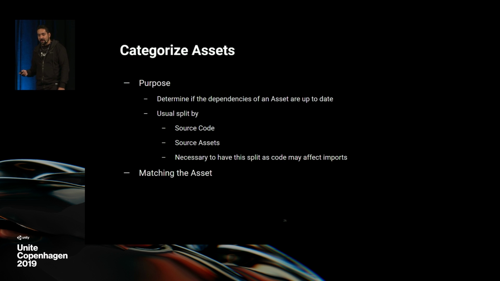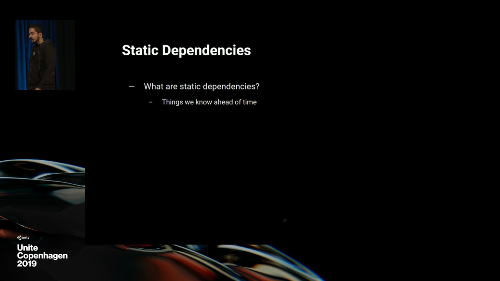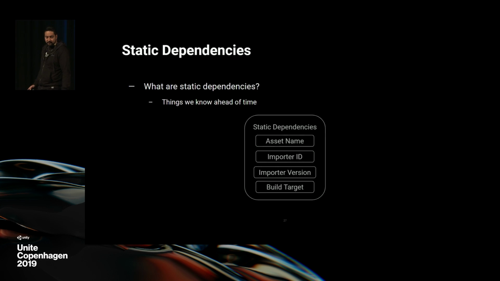And we also have to be able to match an asset through static dependencies or dynamic dependencies. So now let's look at what those are. Static dependencies are things that we know ahead of time. These are things such as the name of your asset, the ID of the importer associated with this asset.